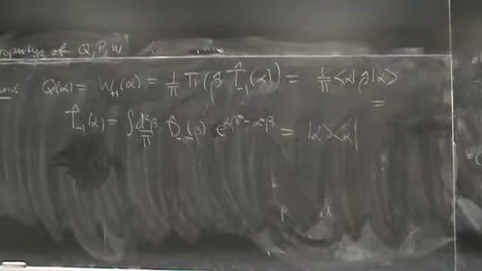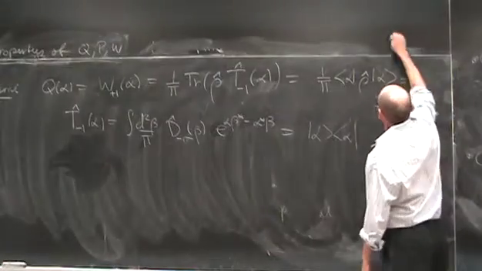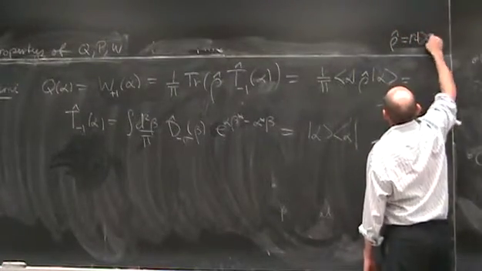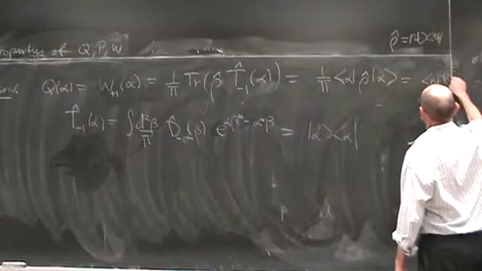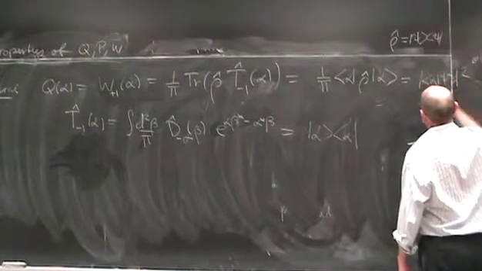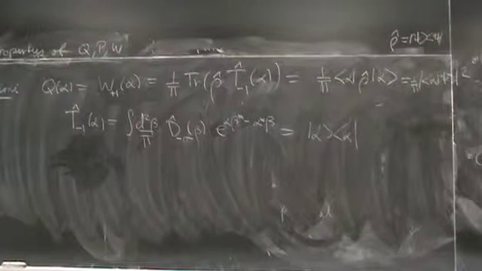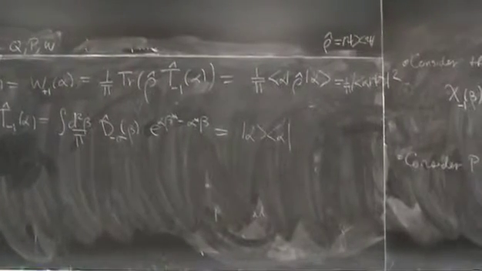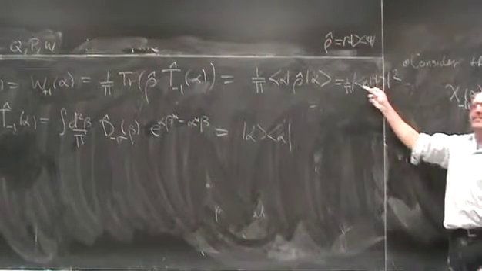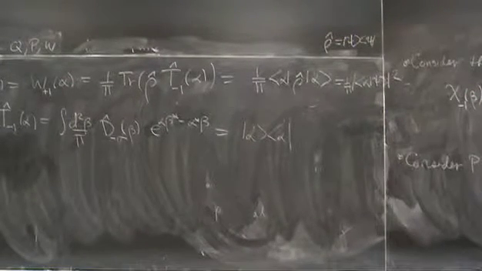If I have a wave function, if this is a pure state, let's say rho is a pure state, then this is equal to the square of the amplitude, and there's a pi to make it normalized. That's what Rossini wrote down because it's a natural thing to think about. If I have a state, I want to know what is its representation on phase space, I just look at its projection on a coherent state and square it.